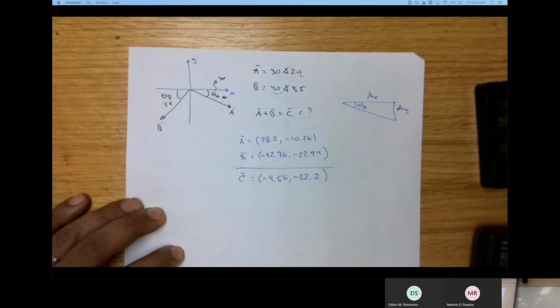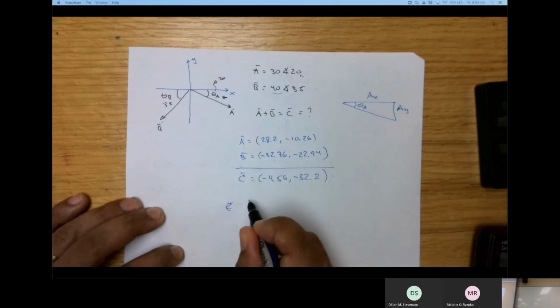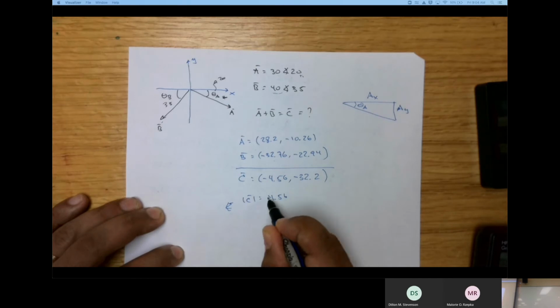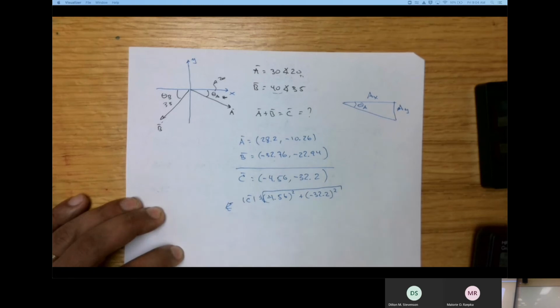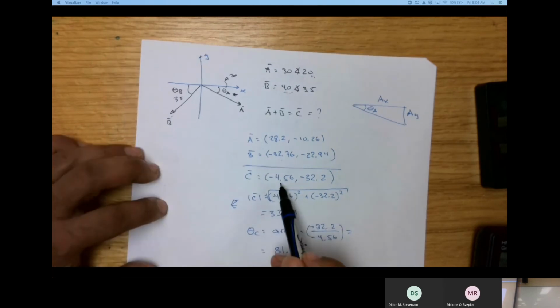I can calculate the magnitude of C. It will be 33.51, and the angle of C will be 81.94.